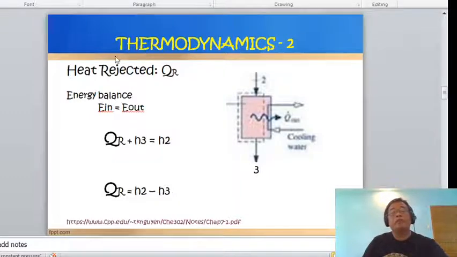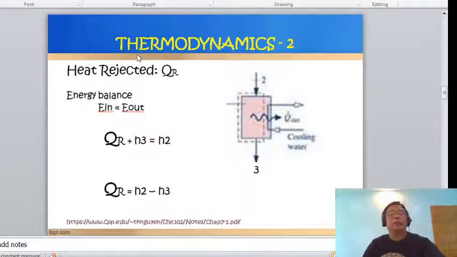So that is why h sub 2 is equal to hf at 2 plus x multiplied by hfg, where the x, of course, is the quality of steam leaving the turbine, and h sub fg is the enthalpy of the mixture at back pressure or at condenser pressure.